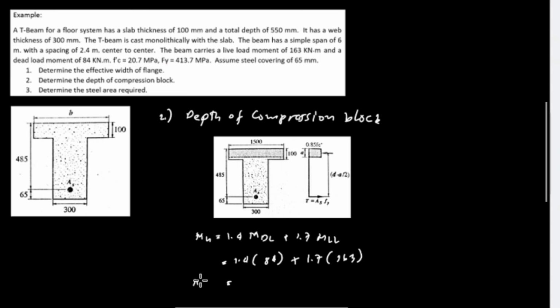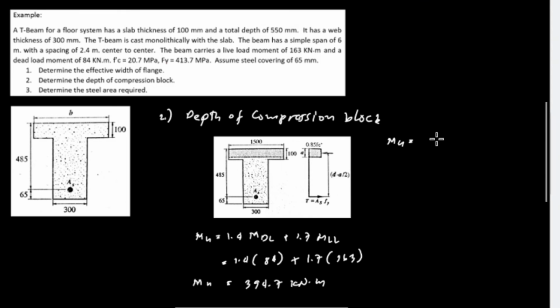So 1.4 times 84 plus 1.7 times 163, and the total ultimate moment is 394.7 kilonewton meter. And we assume that the neutral axis is within the flange or the thickness of the slab.